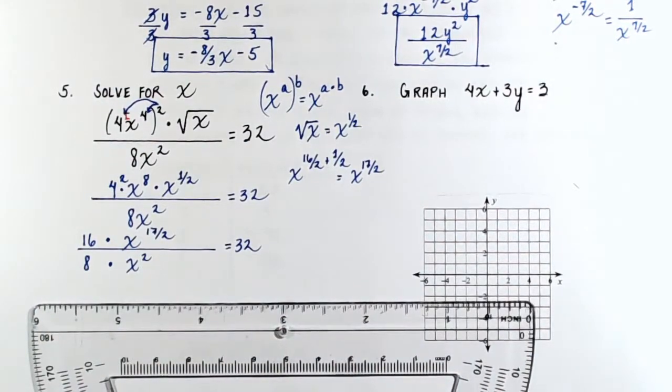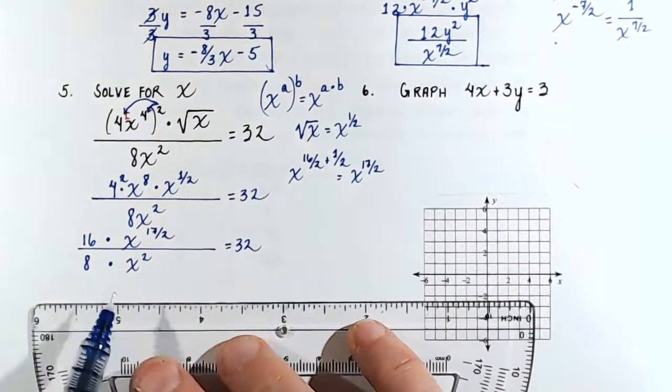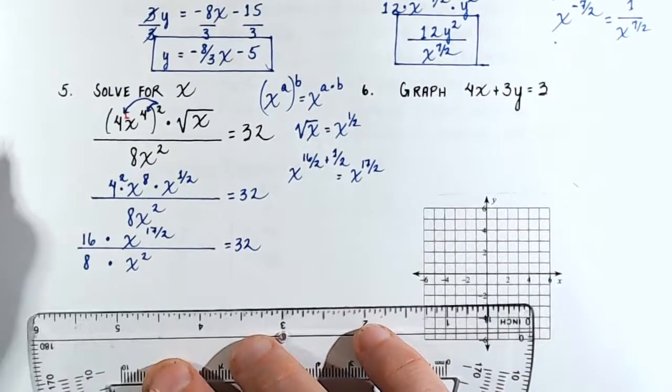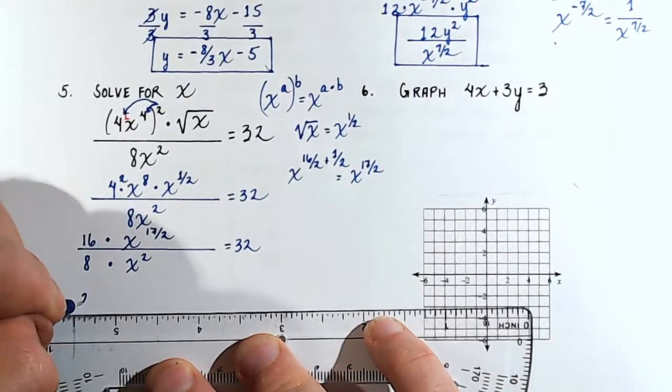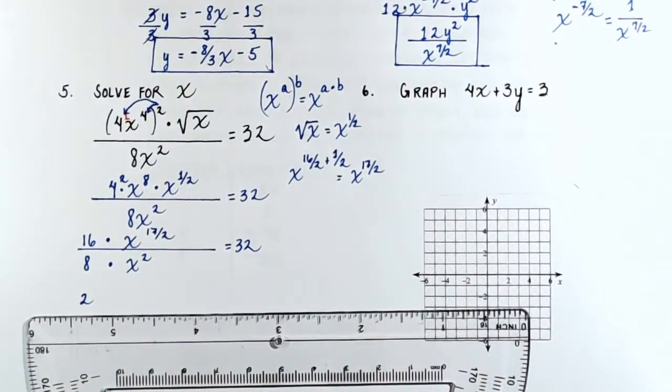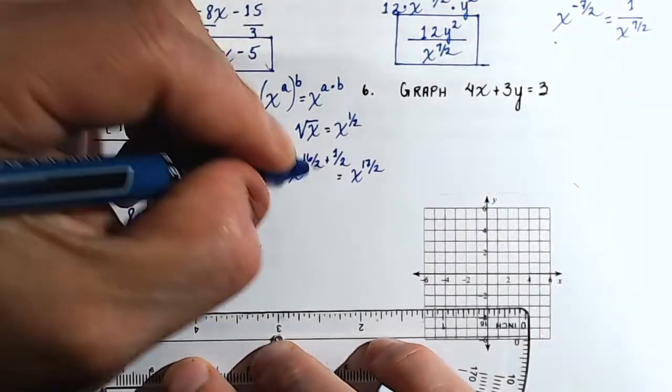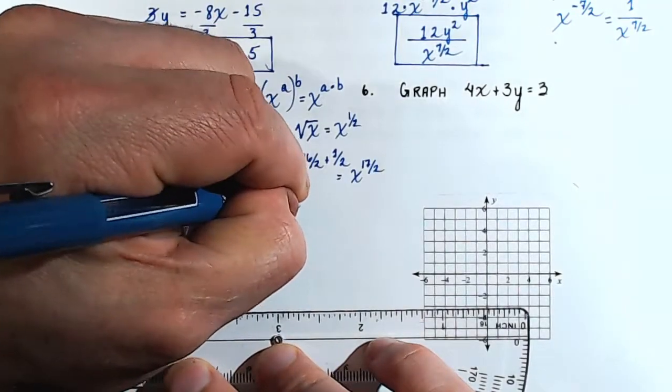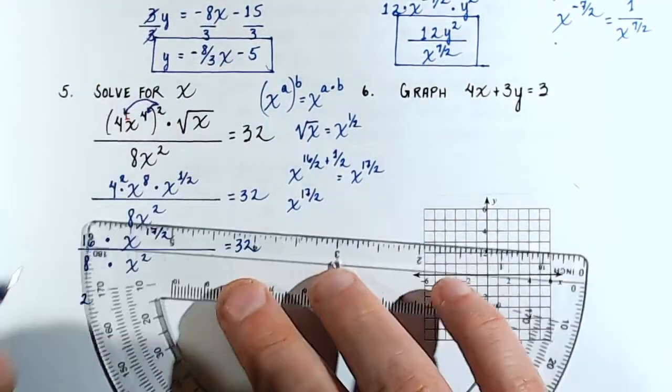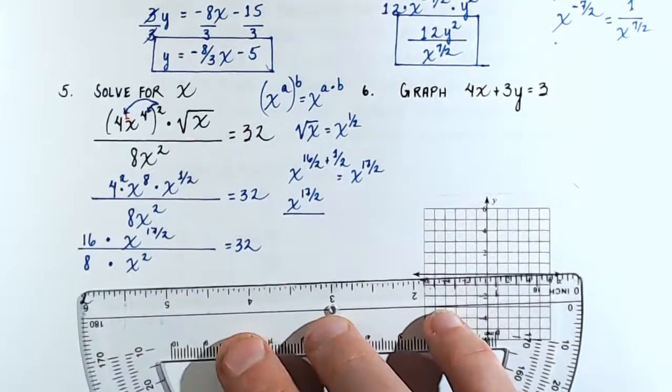Okay, now I have to apply the quotient rule. 16 divided by 8 is just going to be 2, so this becomes 2. Now I apply the quotient rule. X to the 17 over 2 divided by x squared is going to be x to the 17 over 2 minus 2.